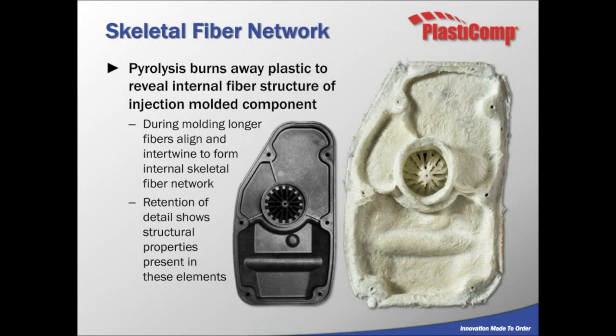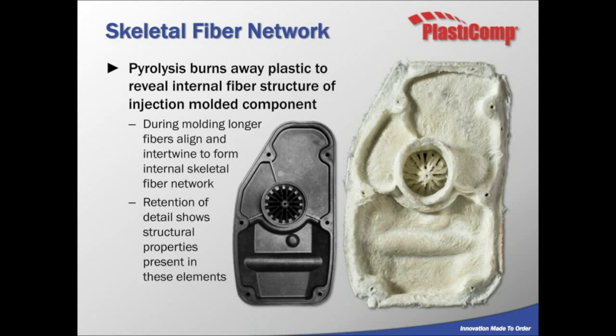A couple of other things to look at: the center portion of that part with those thin ribs, you can see that there's actually fiber in those areas as well, and there's good length to it. So our materials can be molded into thinner wall geometries and still maintain mechanical properties in those areas. And if you look at the bosses around the surrounding area of the part, those are very thick sections, and what happens with the fiber in those areas is we get very low shrink.